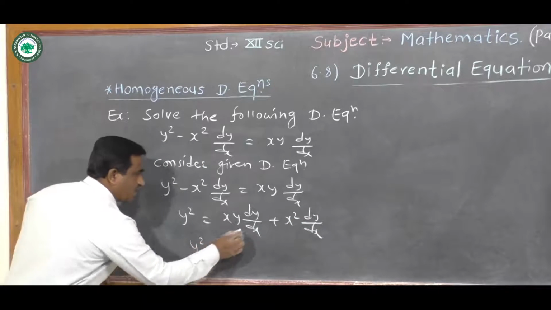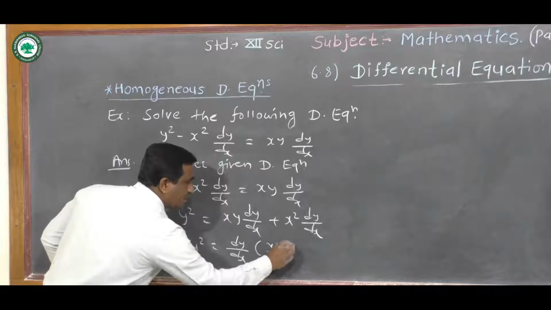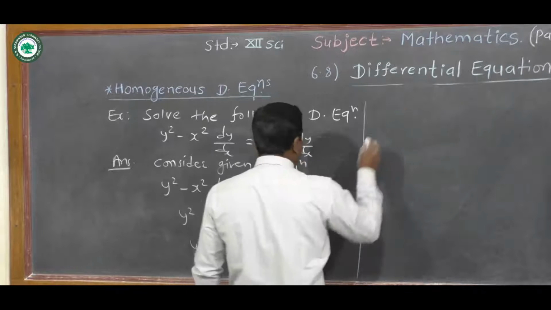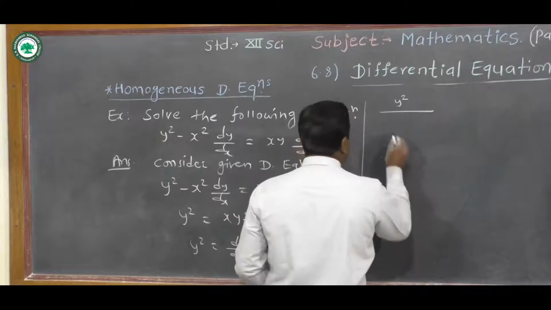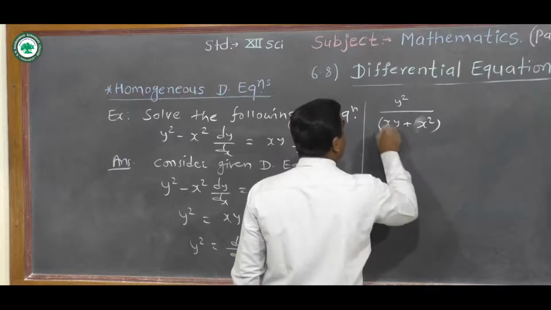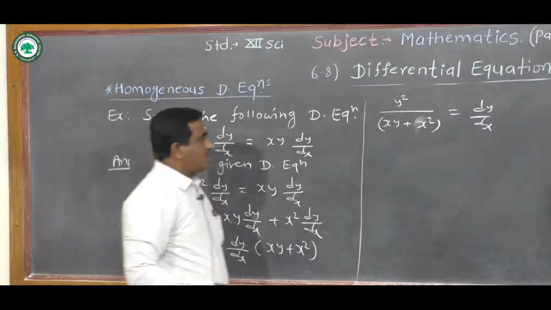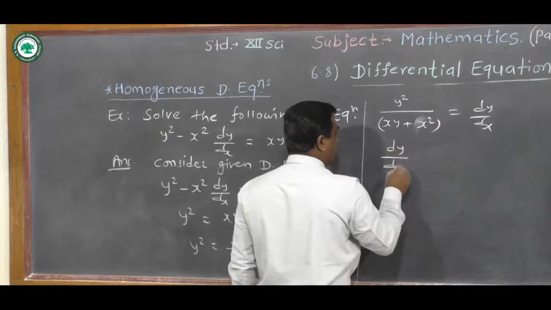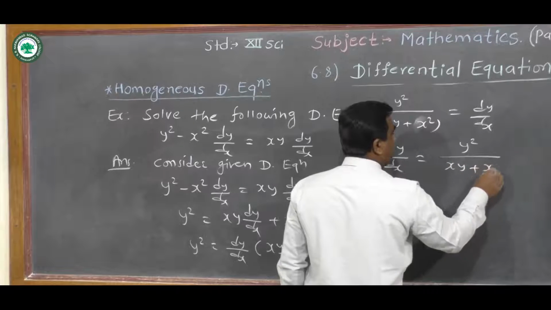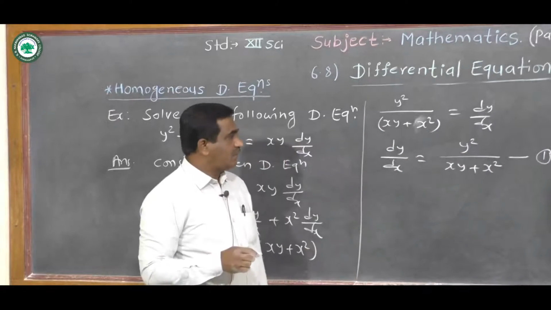That is y square equal to, take dy by dx common, dy by dx into in bracket x into y plus x square. That is y square upon x into y plus x square equal to dy by dx. Okay, now we can write this as dy by dx is equal to y square upon x into y plus x square. Say this as equation number 1. This is the value of dy by dx.